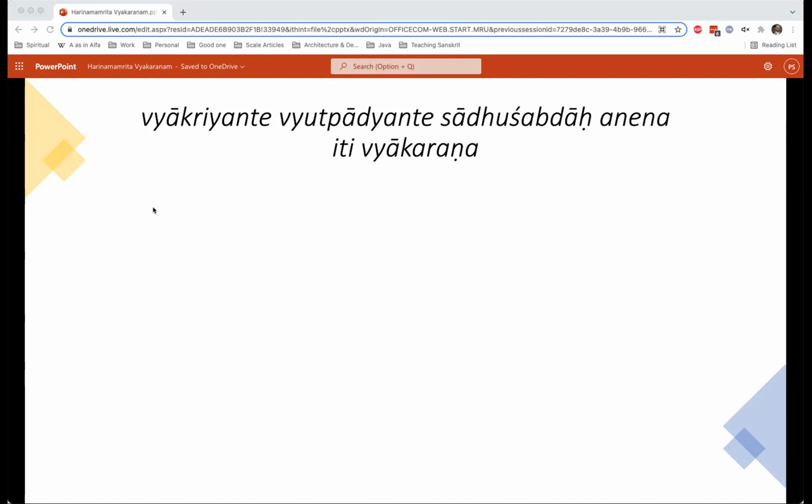But according to proper grammar, you should say Vishnave Namaha. You can say Krishnaya Namaha, but for Vishnu, you have to say Vishnave Namaha. Vishnaya is not a proper word. So the grammar helps us to derive proper words. Sadhu shabdaha. Anena means by this. So the tool using which we can derive proper words is called Vyakarana.